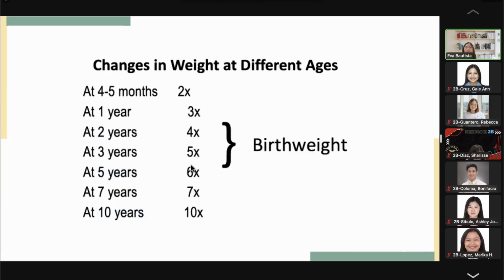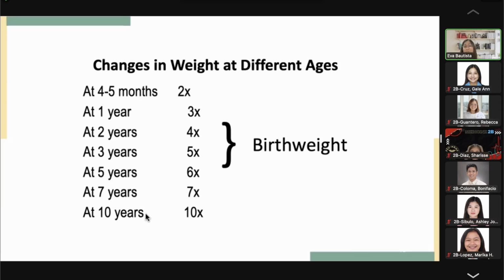Now, another way to estimate the weight is the changes in weight at different ages. For example, at 4 to 5 months, we expect the weight of the infant to be twice the birth weight. So if the ideal weight is 3 kilograms, at around 4 months, we expect the infant to be 6 kilograms.